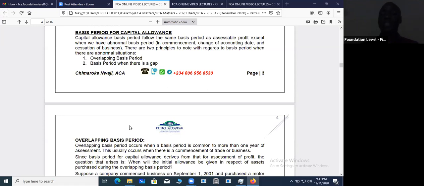Remember the 3 C's we learned last time: commencement, change of accounting date, and cessation. They normally bring two abnormalities. We call them overlapping basis periods. This is where maybe in year 1 and year 2, two periods are common to them.